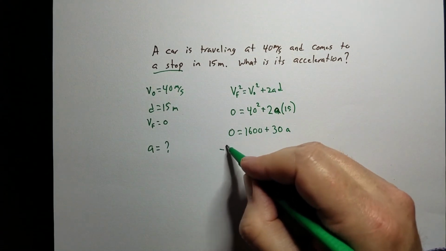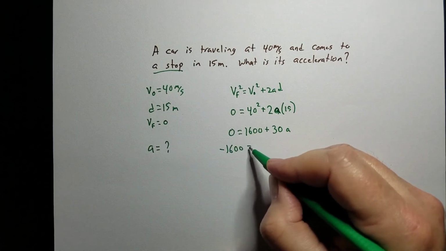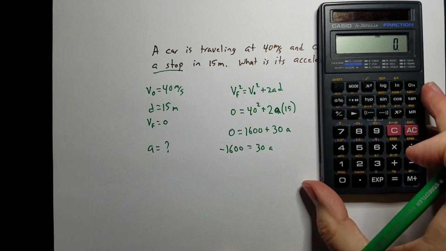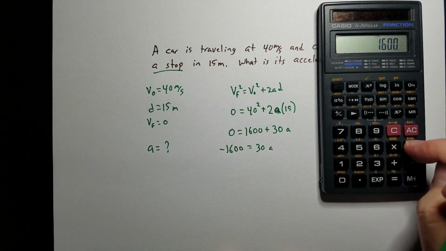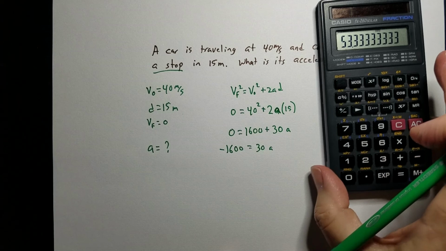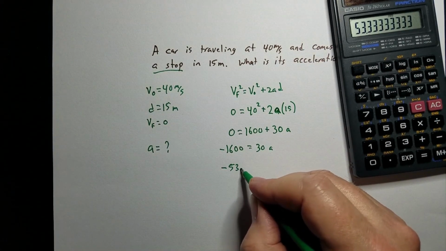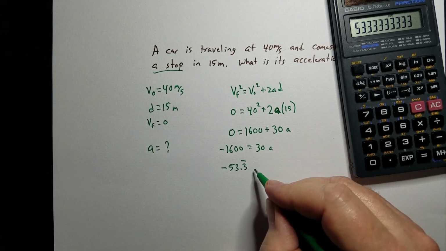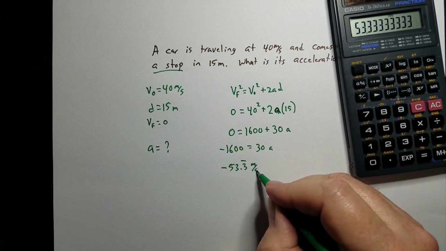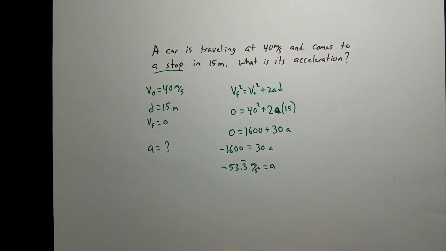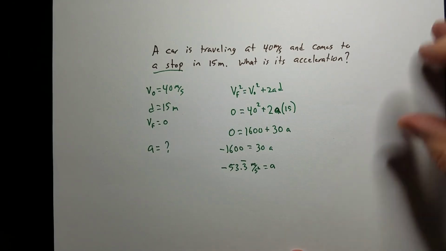Move that over and divide 1600 by 30. Remember that this is negative, so negative 3.3 repeating meters per second squared is our acceleration. Quick, easy calculation because I don't know time and I don't care about it.